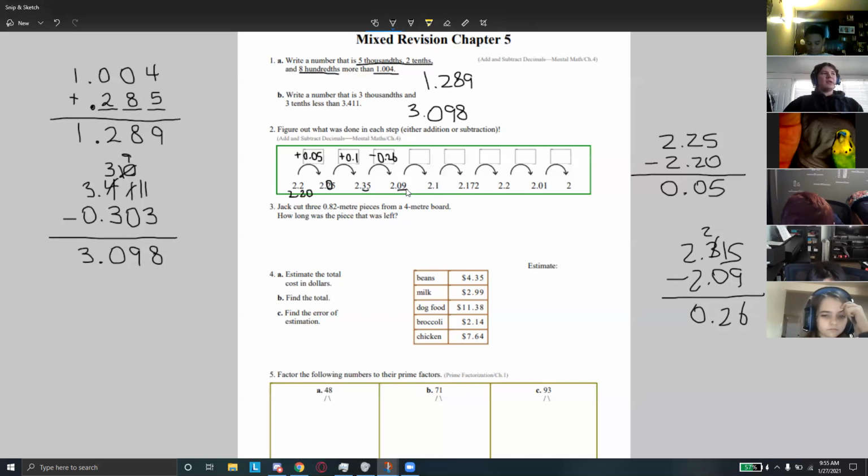Great. Now we're going from 2 and 9 hundredths to 2 and 1 tenth. So we're just going to need to add 1 hundredth, because 9 hundredths plus 1 hundredth is 1 tenth.